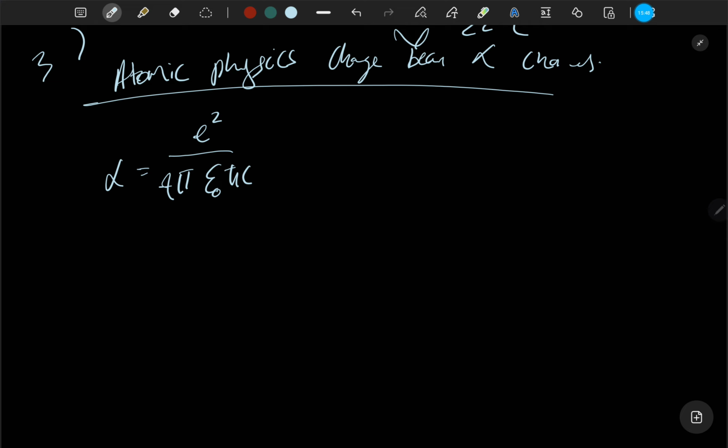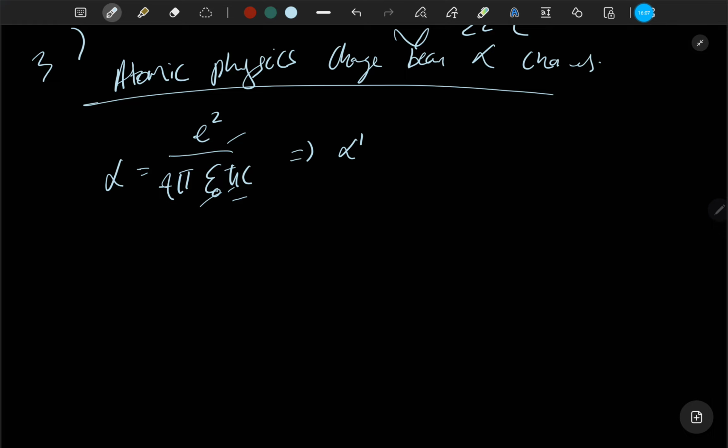So if only c drops to c dash, and c dash is obviously kc, and e, the Planck's constant, and epsilon naught, they don't change, yeah.